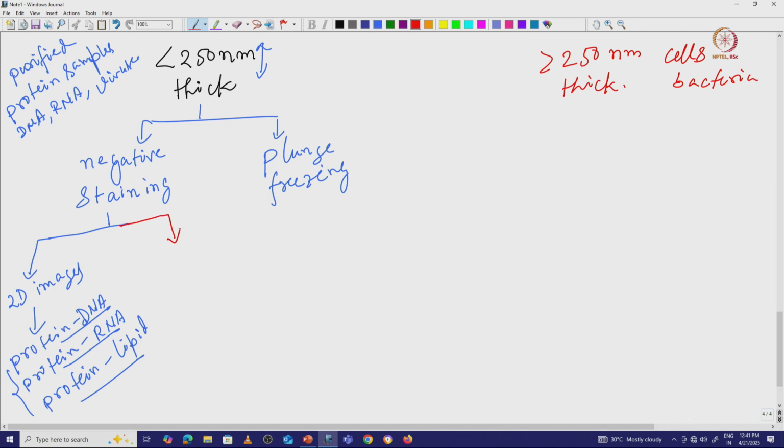Now, if I come here, 10 to 15 years back, a lot of the time these negative staining images were used for tilt pair reconstruction. It is a random conical tilt that we are collecting, so we can get a 3D structure at very low resolution.